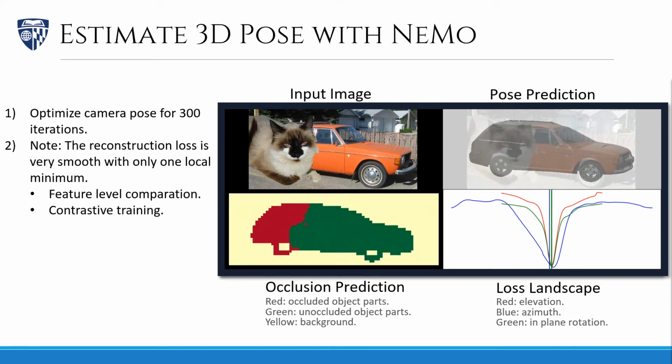The final figure shows the loss landscape and how the current pose prediction compares to the ground truth. Note that compared to the pixel intensity level reconstruction loss, ours is much easier to optimize as it is very smooth and has only one global minimum.